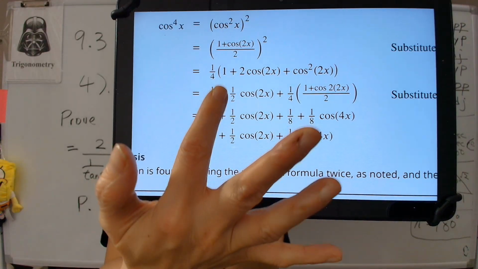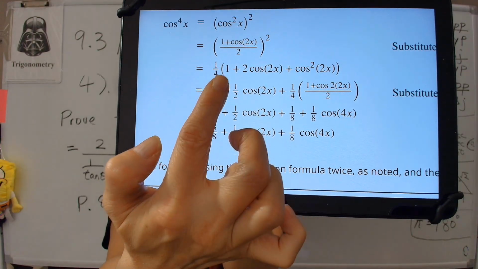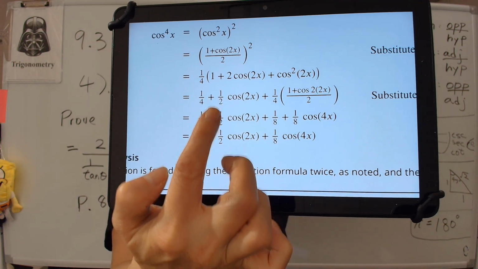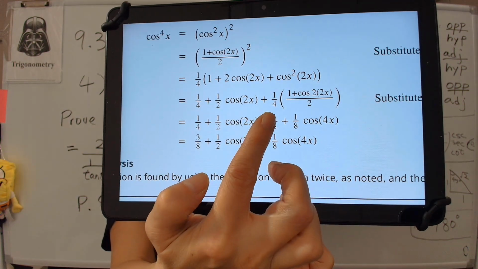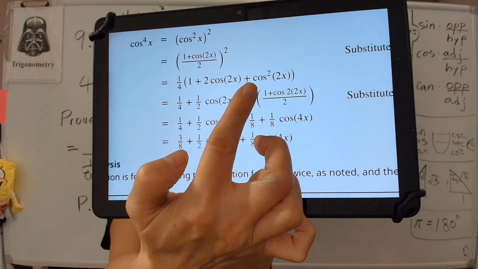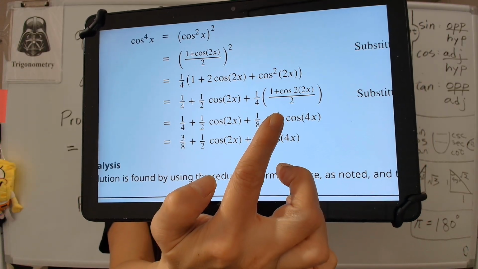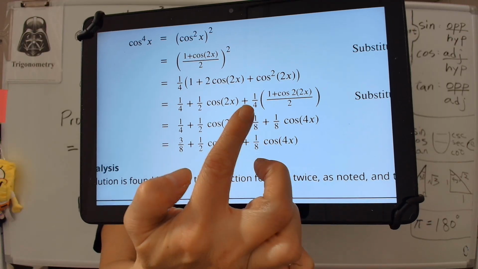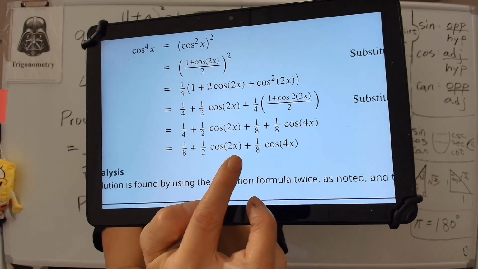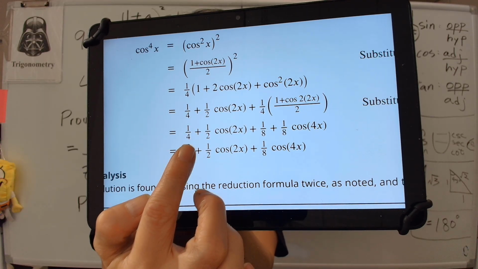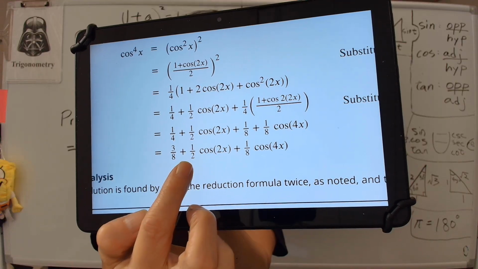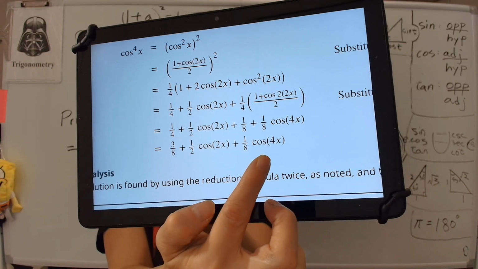This is 1/4 times 1 plus 2 cosine 2x. A quarter times 2 becomes 1/2. Then we still have 1/4 times the cosine squared term, which becomes a quarter times 1/2, that is 1/8, plus 1/8 cosine 4x. Then 1/4 plus 1/8 becomes 3/8, the cosine 2x term stays the same, and this becomes 1/8 cosine 4x.